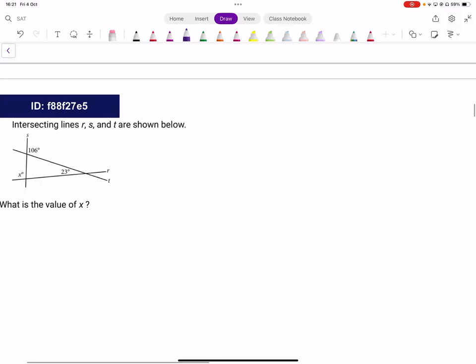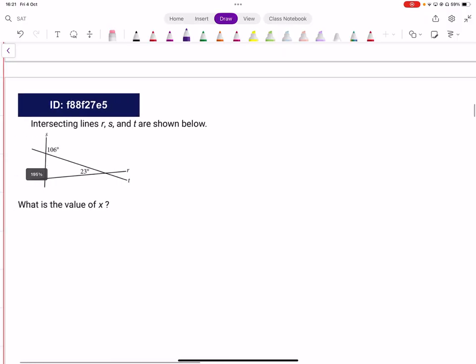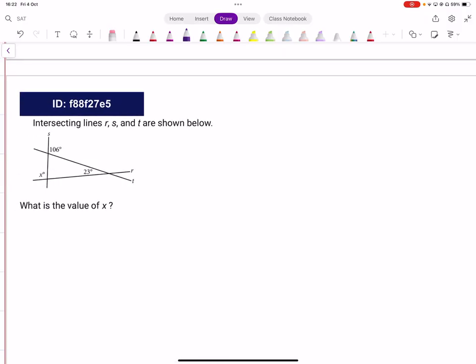Intersecting lines R, S, and T are shown below. What's the value of X? Okay, so the lines are intersecting. What that means is this is 23. We know this is 106. What about this remaining angle? 180 minus 106, that's 74.